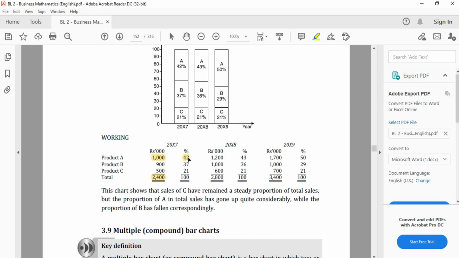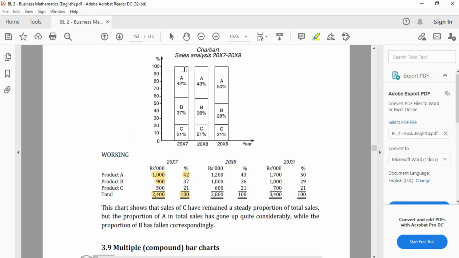You'll get 42. Same for B. 900 divide by 2400 multiply by 100% and you'll get 37%. Likewise, you should get your total percentage to 100. If you got 100 as your total, that means you have done it right.